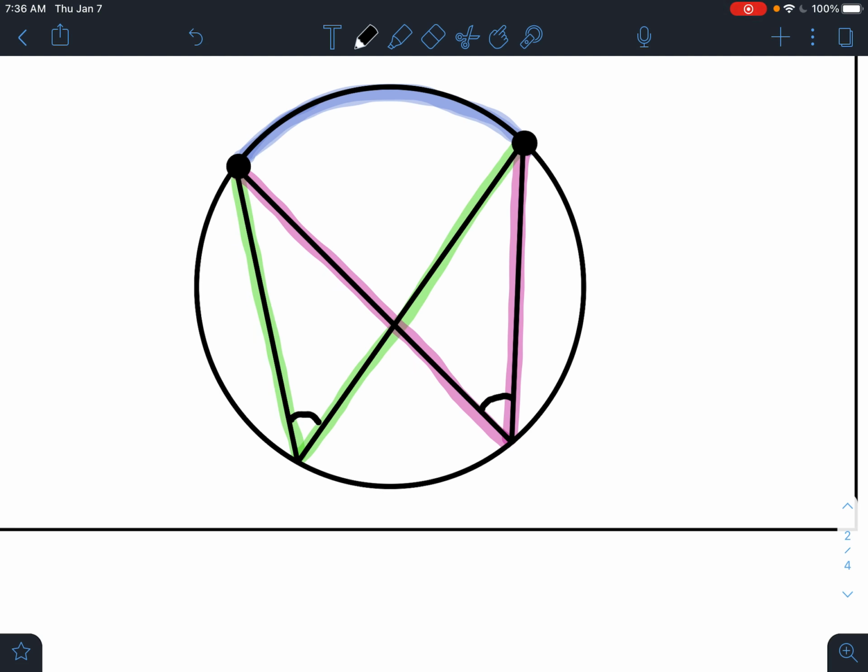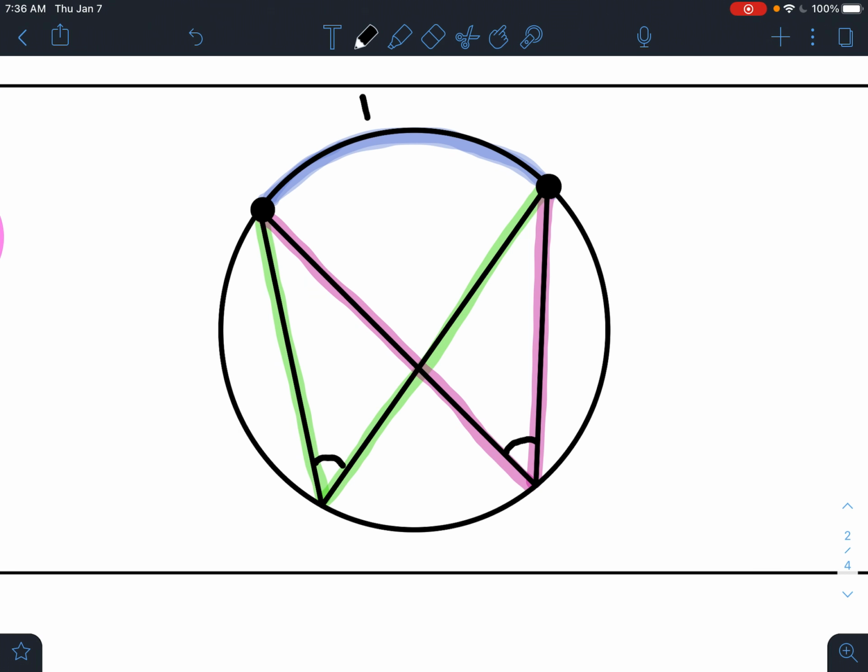And that should make sense to us because if that arc right here is 100 degrees, then using the inscribed angle theorem, we know that this green angle has to be 50 degrees. And then we know that this pink angle also has to be 50 degrees because it's inscribed to the 100 degrees. And so they would have to be congruent, okay?